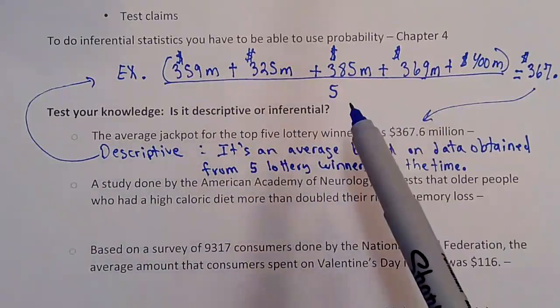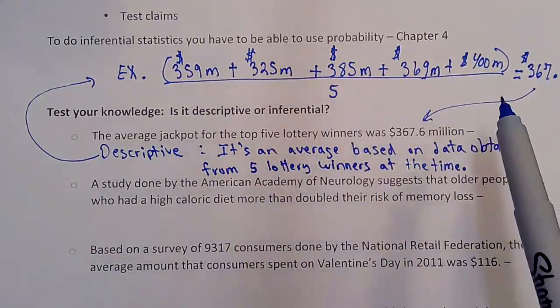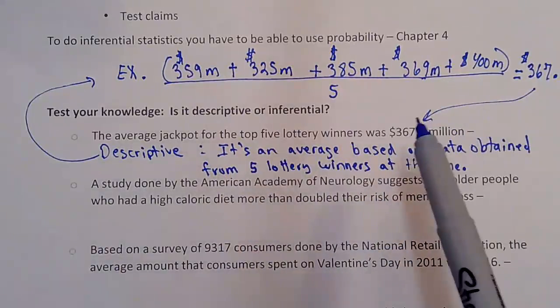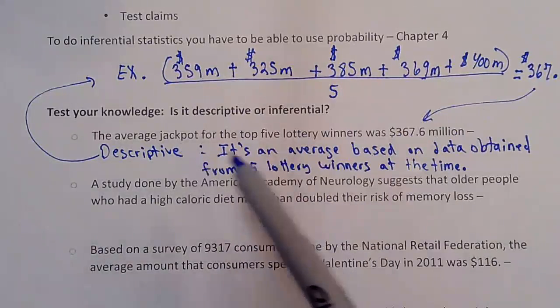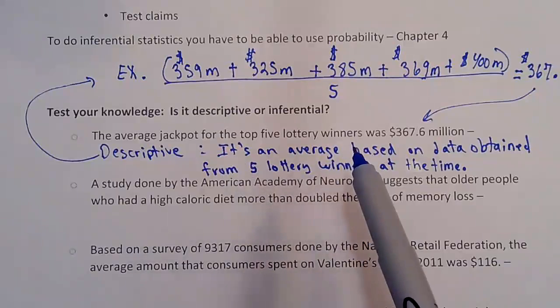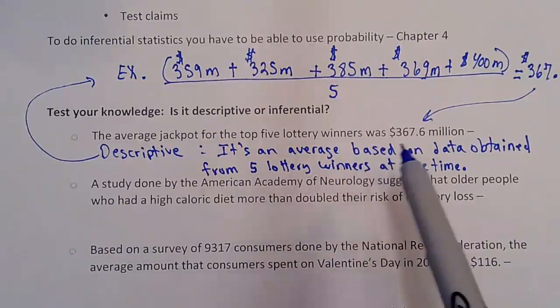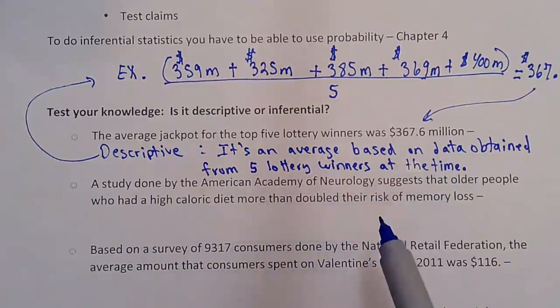I add them up, divide by five, and then that gives me what that average was. Okay, but you see, you would have all the data that you needed based on this statement. You would have all the data that you needed to compute that, and because you're able to do this computation, it leans more towards descriptive.